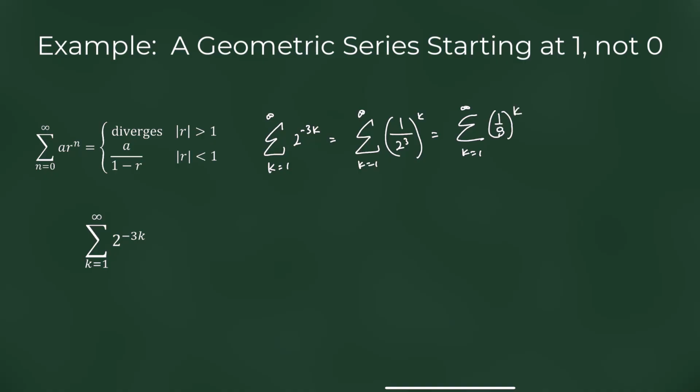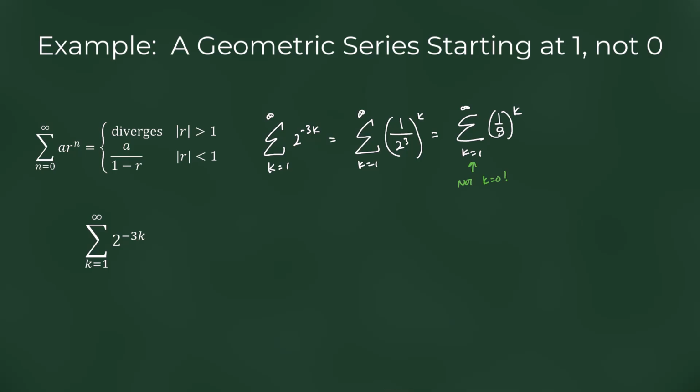But we need to notice that this is not k equals 0, and that's important because we're missing a term. So there's a couple ways to think about this. The first is to switch the limits of our sum.